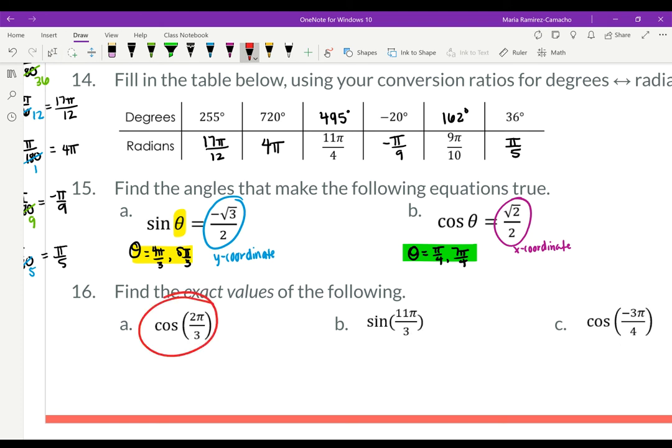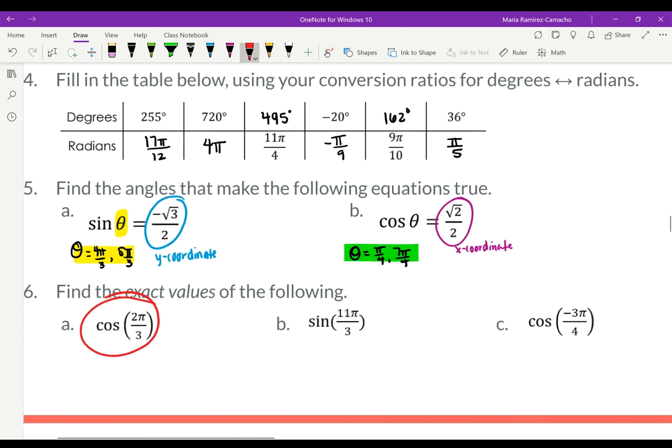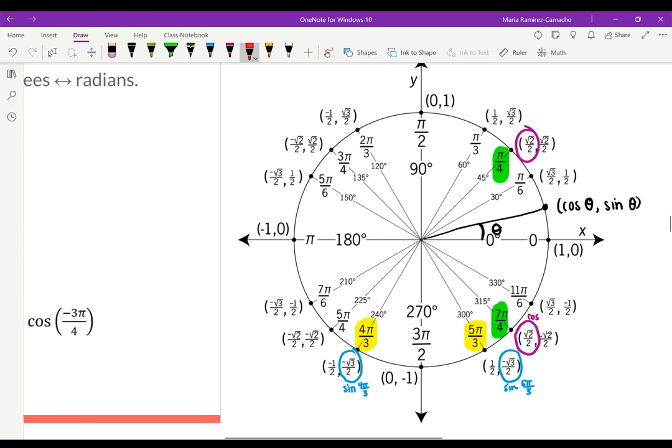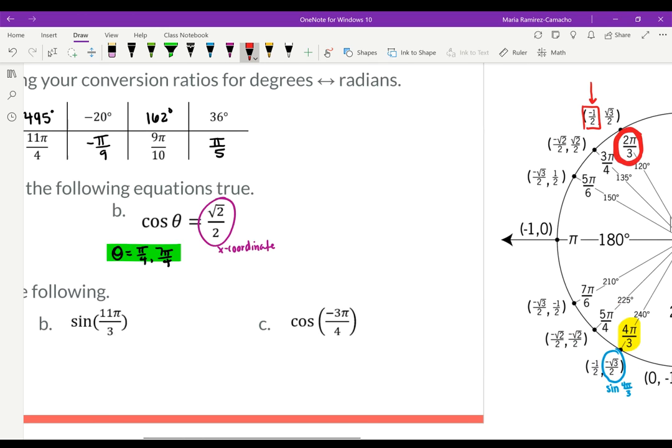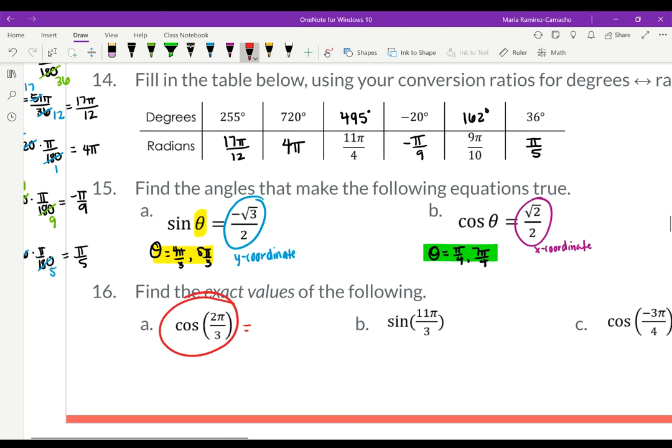So the cosine of 2 pi over 3 means that we're going to find 2 pi over 3 on the unit circle. That is right here. The cosine of 2 pi over 3 would be the x coordinate. So negative 1/2. That's it for A, -1/2.